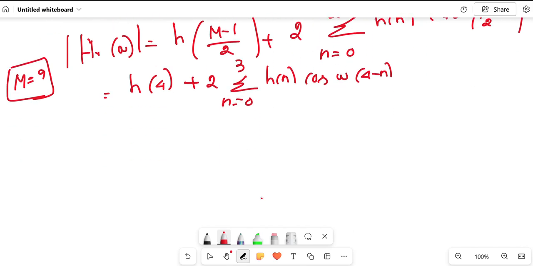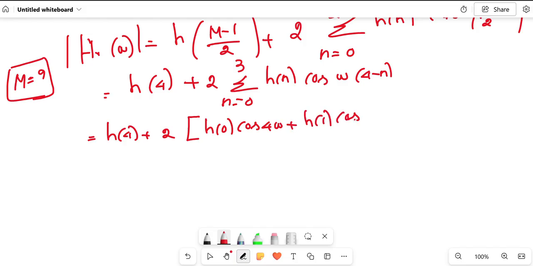So, h of 4 plus 2 h of 0 cos 4 omega plus h of 1 into cos 3 omega plus h of 2 into cos 2 omega plus h of 3 into cos omega.